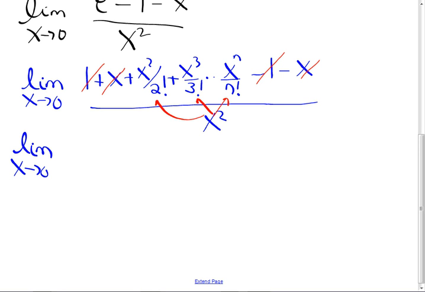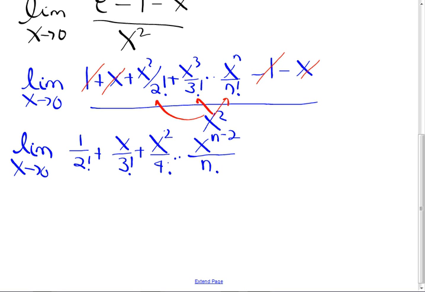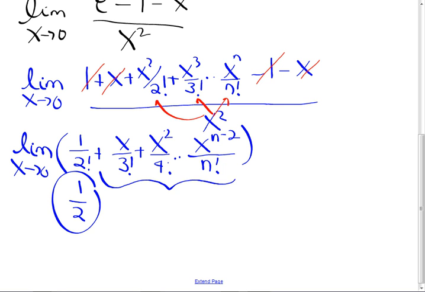So this is going to be 1 over 2 factorial plus x over 3 factorial plus x to the second over 4 factorial, x to the n minus 2 over n factorial, and x is going to go to 0. So what's going to happen? It doesn't matter, but if it's on the free response, you might have to do it that way. You've seen free responses like that.